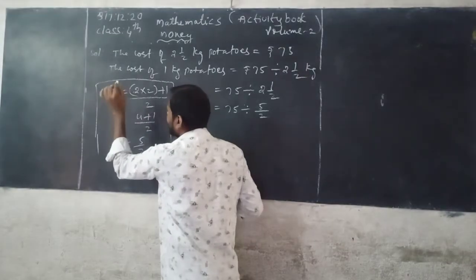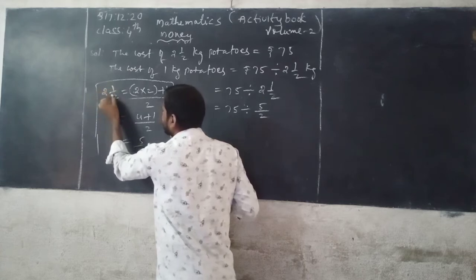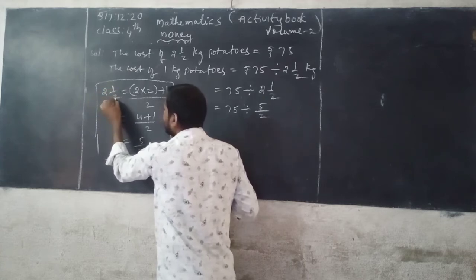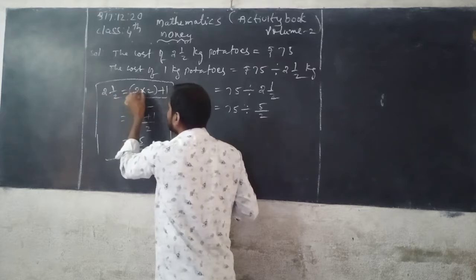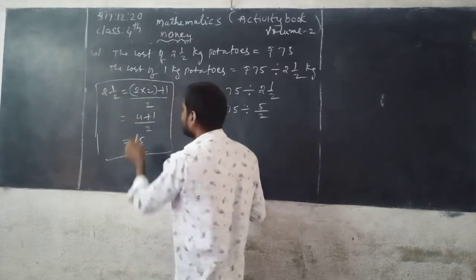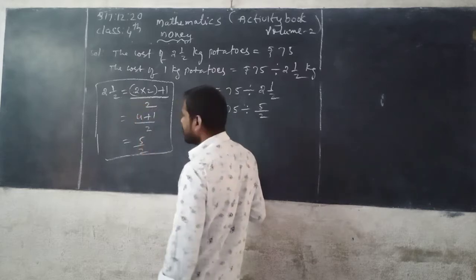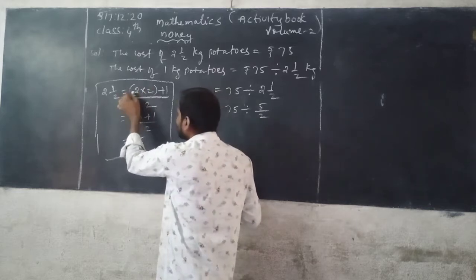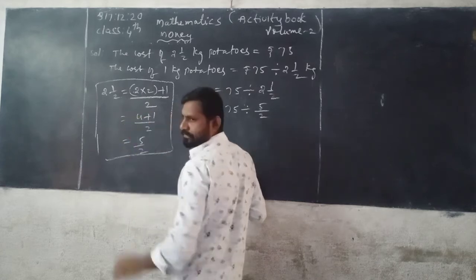In a mixed fraction, 2 is called the whole number. In it, the denominator is multiplied with the whole number, means 2 into 2, plus the remaining numerator is added, and you write the denominator 2. Then 2 2s are 4 plus 1 by 2. 4 plus 1, 5 by 2.